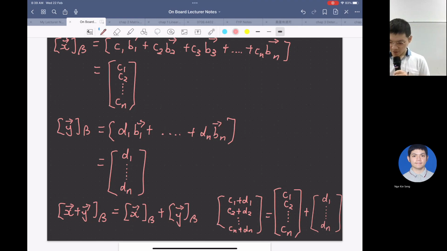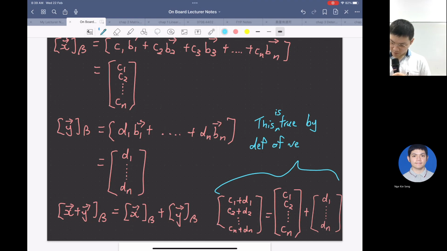Yes, because this is true by definition of addition in R^n. This is why we define our vector addition like this. It's quite useful.